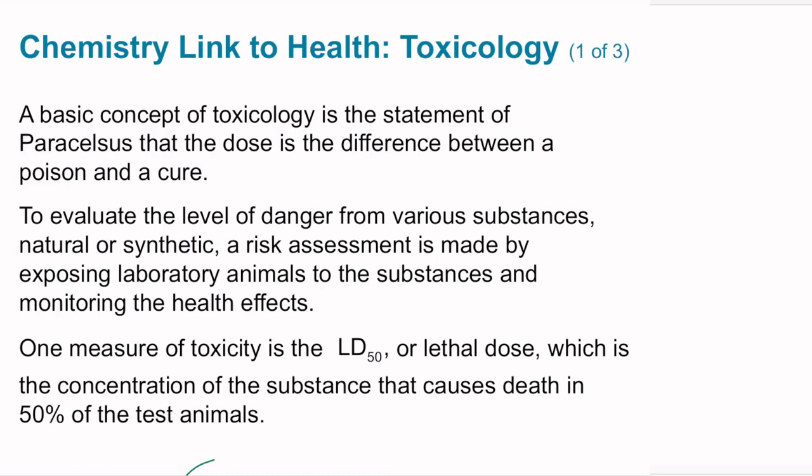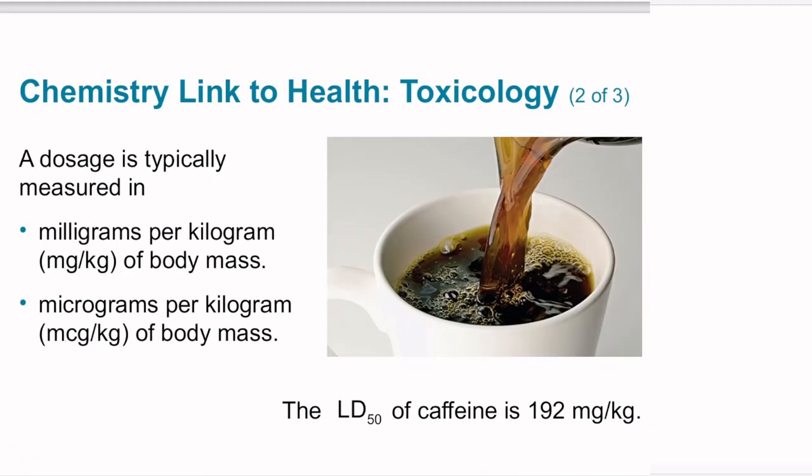There's an old concept in toxicology that states the dose makes the poison. In today's science world, we have a measurement for that dose, and it's called the LD50. That's the dose at which the concentration of the substance causes death in 50% of the test animals.